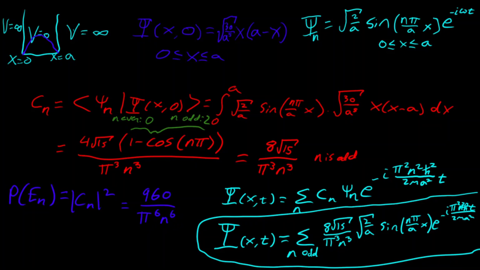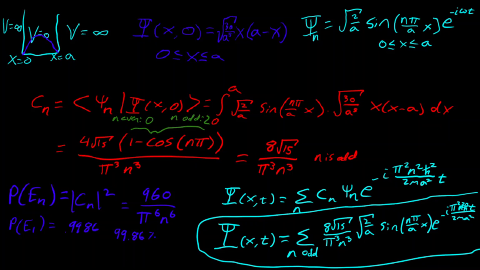And just to show you that the solution we have right here is very close to the n equals 1 state, let's see what's the probability that our function has E sub 1. I plug this into this equation, and I got 0.9986, which means if you measure the energy of a particle that started in this state, it will have a 99.86% chance of having that first energy, which shows you this state is obviously very close.